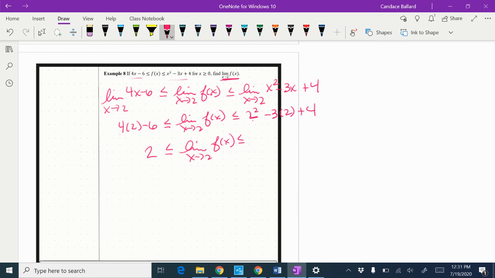Now 4 plus 4 is 8, minus 6 is 2 again. Good news, we got it squeezed. Therefore, the limit as x approaches 2 of f of x equals 2. Not so bad. Hopefully you got the concept. That concludes our lesson for the day.